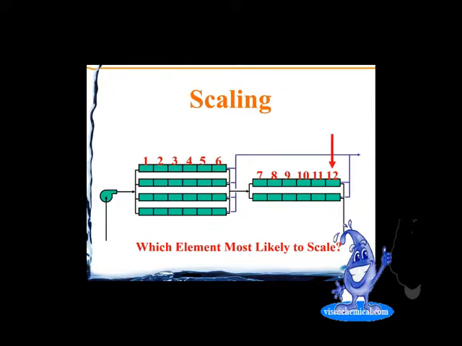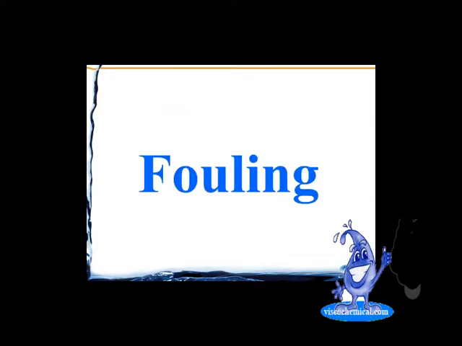Well, if you said the last one, then you would be correct, because the last one has the most concentrated feed water. Wherever scaling occurs, we're going to have scaling from that point on, because we're going to be at or exceeding 100% saturation from that point on.